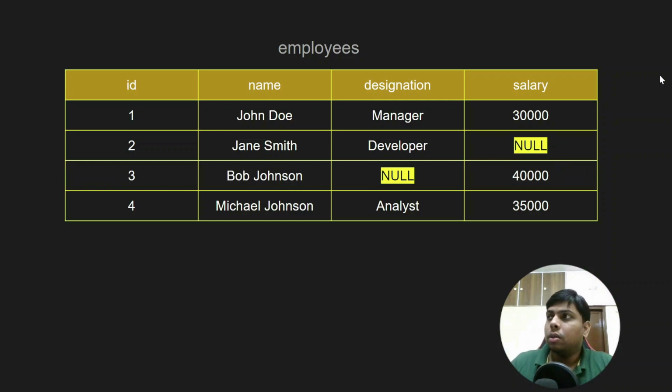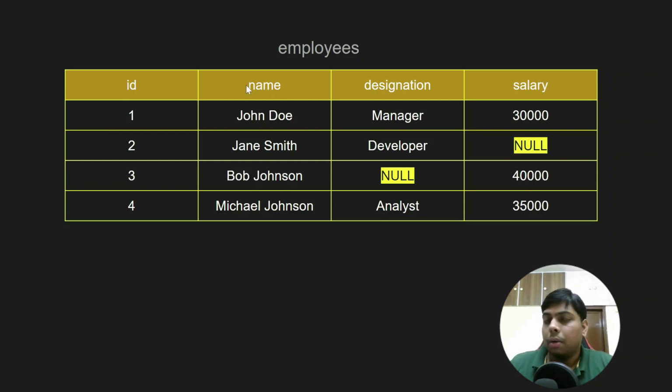Now for each column we have a particular type of data. We cannot store anything that we want in any order. So the first item has to be ID, the second item has to be a name, the third has to be a designation, and this column has to be a salary. So in a database we have the concept of data type for a particular column.